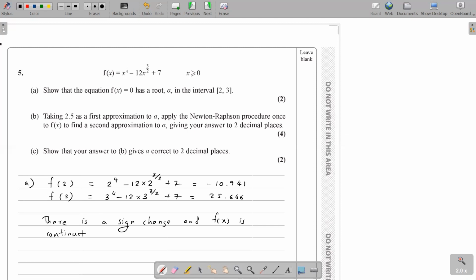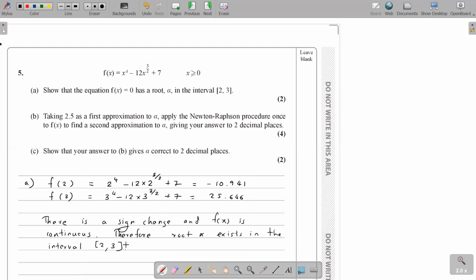So make sure you mention all of these things. It's a sign change and f(x) is continuous. Therefore, root alpha exists in the interval [2, 3].